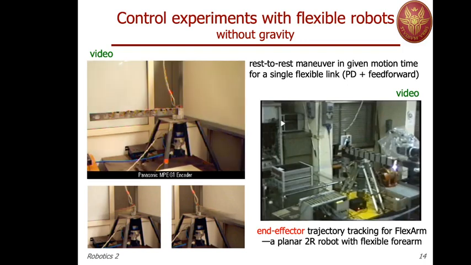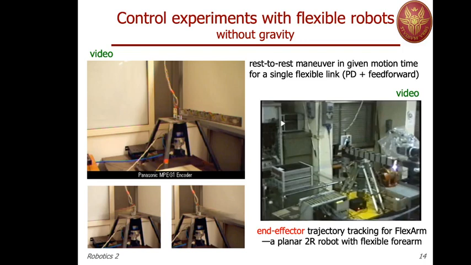So you see the evolution, you barely see vibration and oscillation, but during the motion, as you can see from the two snapshots taken from the video below, there is deformation. But indeed, at the final instant of time, deformation will be zero, motion will be zero, and we have reached the final equilibrium. In this case, there was no gravity, and this result was obtained by applying PD plus a suitable feed-forward computed based on the model.